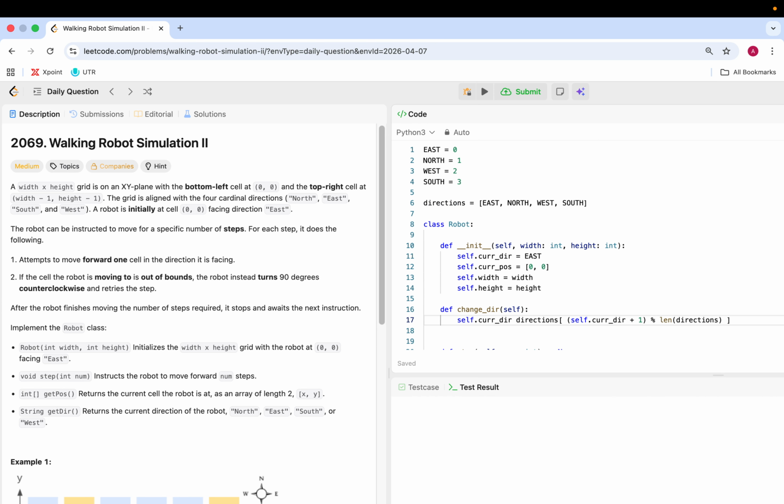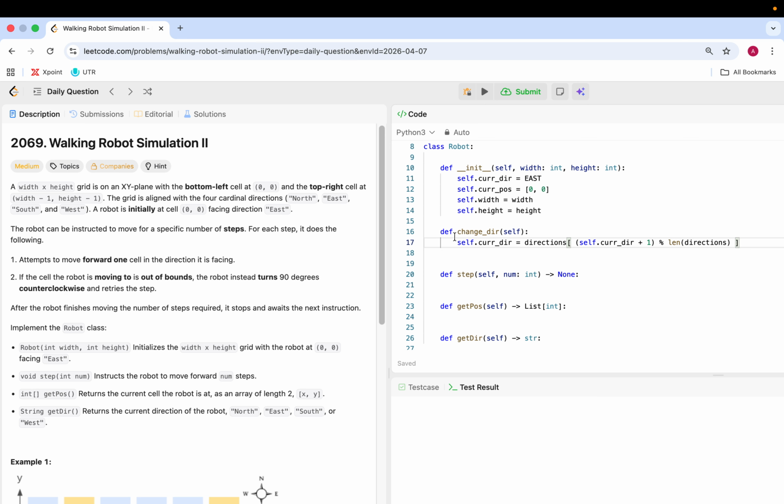Looks a bit complicated, but I'd rather have that in a turn anti-clockwise method.